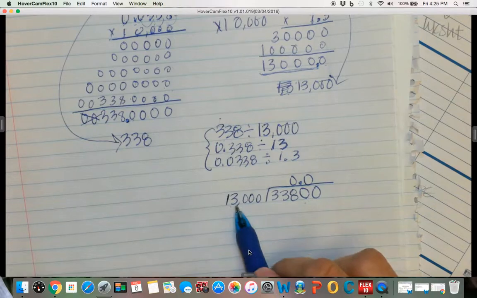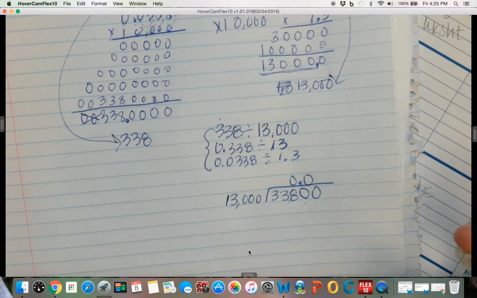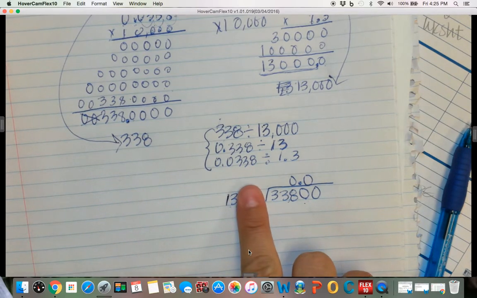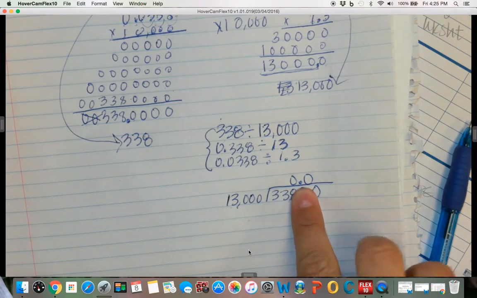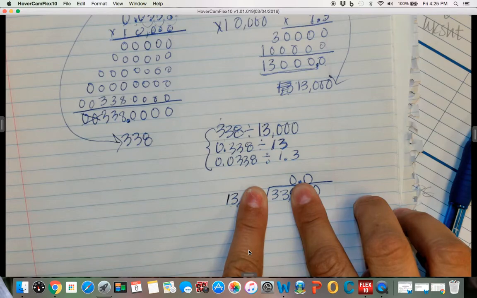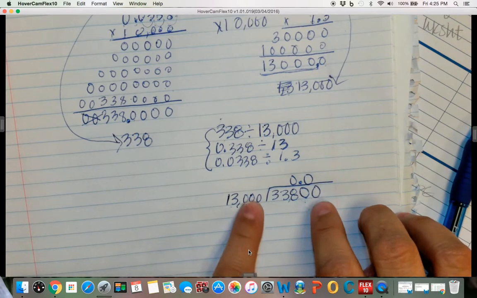Now, 13,000 can go into 33,800. I have enough. And it's still going to go in here. I have 3 zeros. Here, I have 3 numbers. It's looking like 13 is going into 33. 3 digits here, 3 digits here.